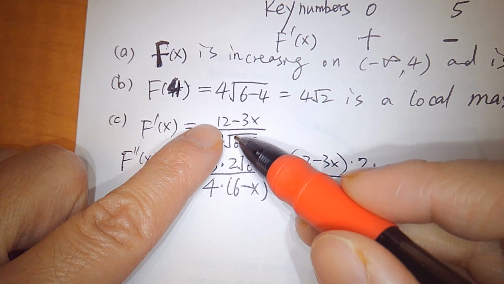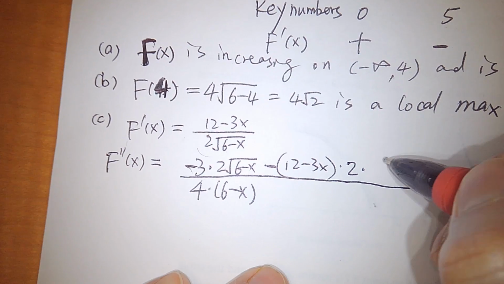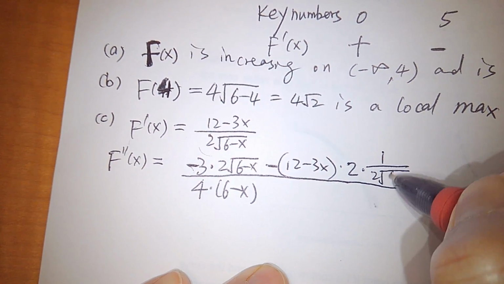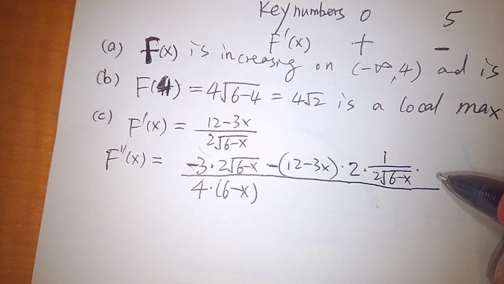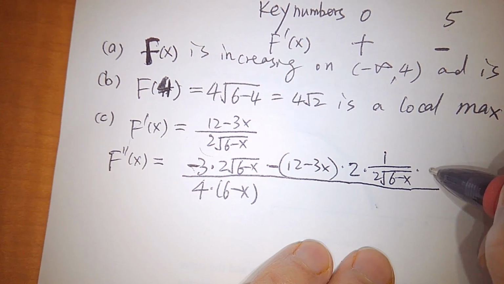What is the derivative of square root of 6 minus x? 1 over 2 square root of 6 minus x. Then the derivative of 6 minus x with respect to x.